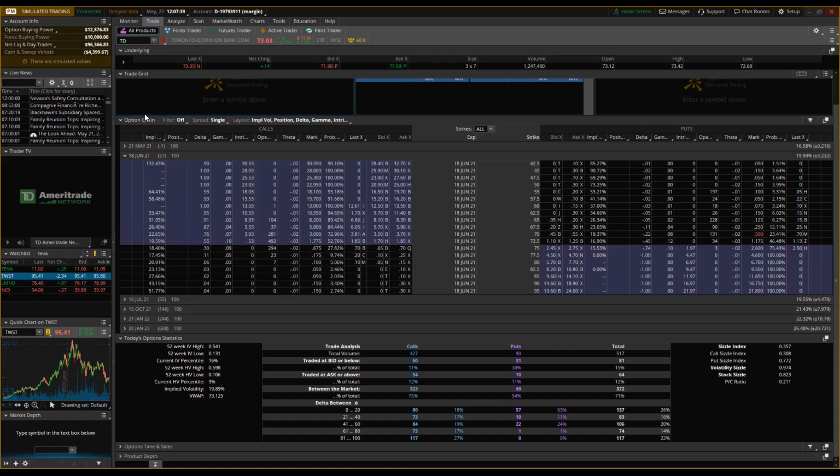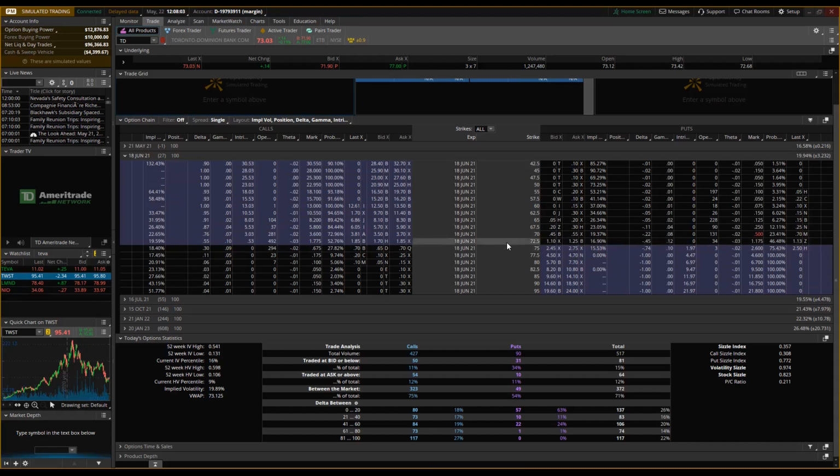As you can see here on the implied volatility side, the stock is being traded now at 73. That means the implied volatility is a little bit less than 20%, considered pretty short.